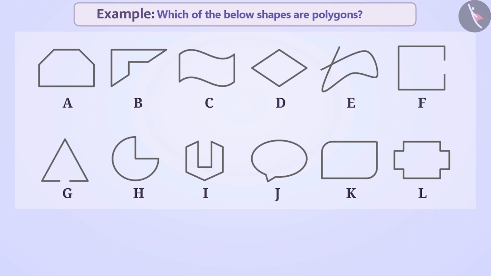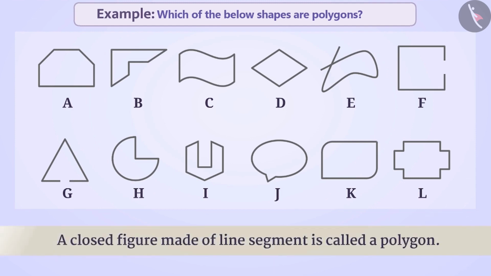Let me explain this. As you know, a closed figure made of line segments is called a polygon. On this basis, we can say that a closed figure is a polygon if all its sides are line segments.